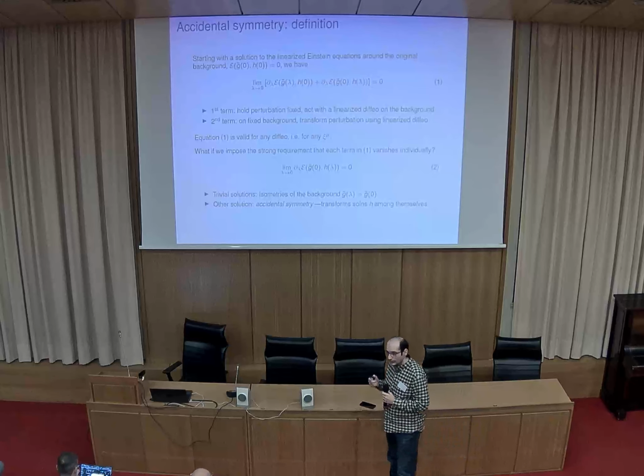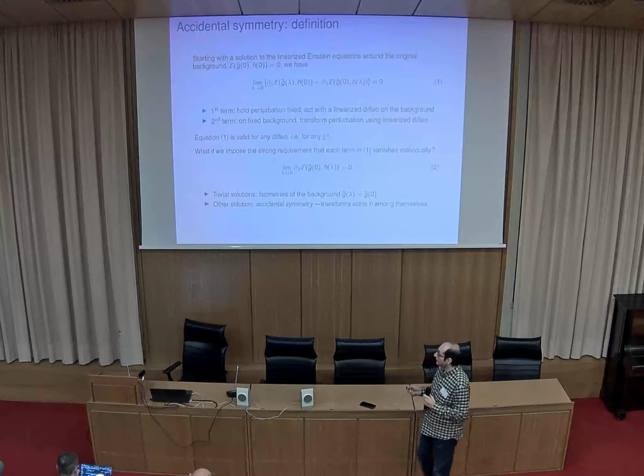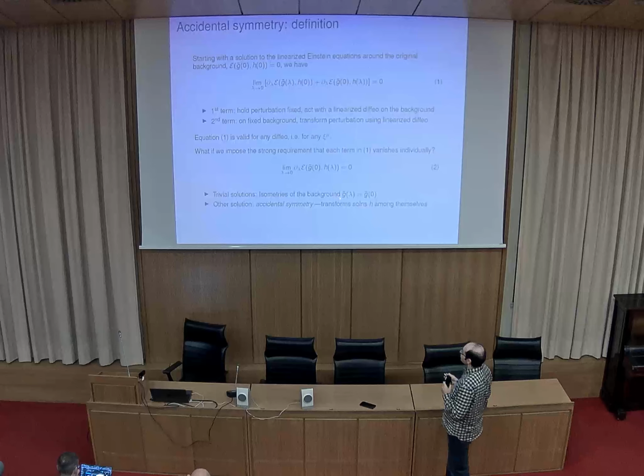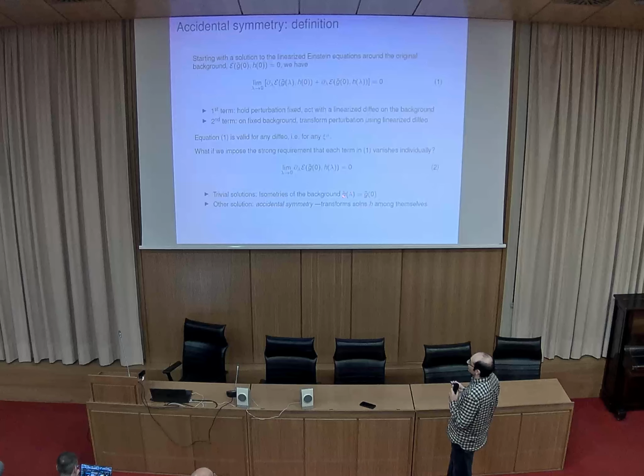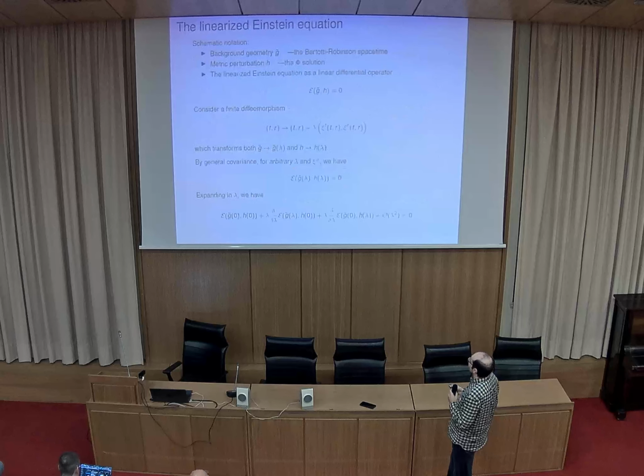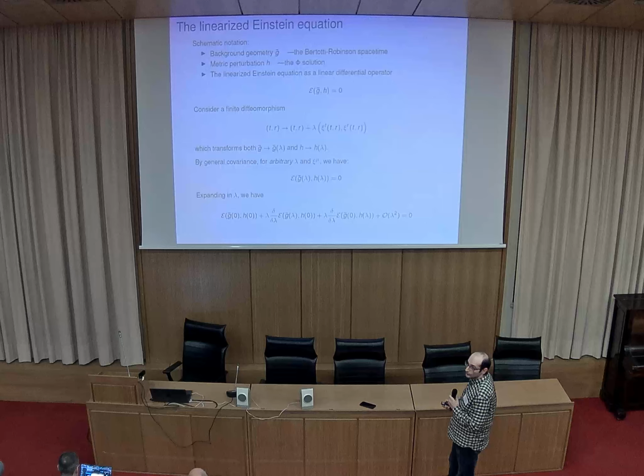If the background has isometries, symmetries, then I can act with those isometries, and my background doesn't transform. So the transformed G bar is the same as G0. Well, in that case, this is just the original thing. This is just this, and it has to be 0 by general covariance.